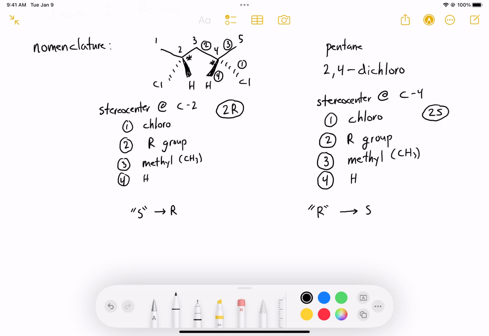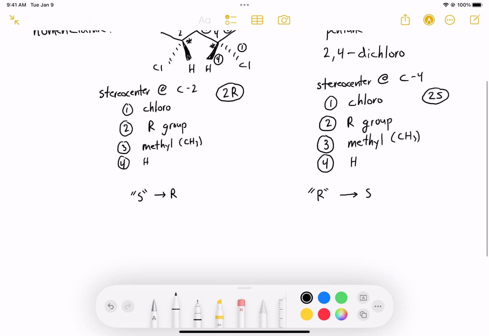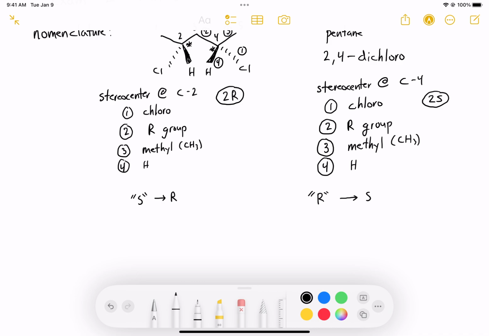So now the question is, since they're both the same substituents, what do we do? How do we decide which one gets 2R and 4S? Well, since now we're going based on alphabetical, you could think, okay, since we're just comparing R and S, maybe the R should come first because it comes first alphabetically.